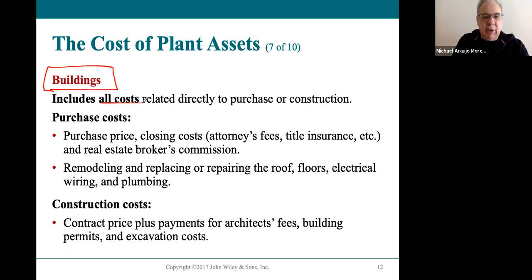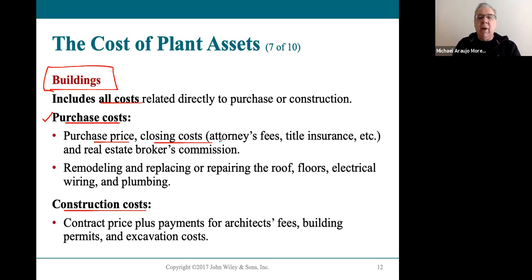And there's two things that you can do with a building. You can buy an existing one, or you can build one, if there's none there. So let's start with buying an existing building. Well, there certainly is going to be a cash price for the building, no doubt about it. It is property, so in order for you to actually take ownership, there is going to be a closing cost.